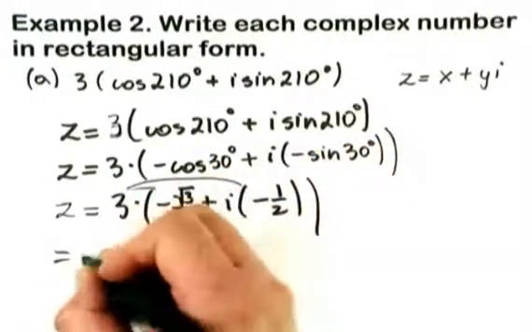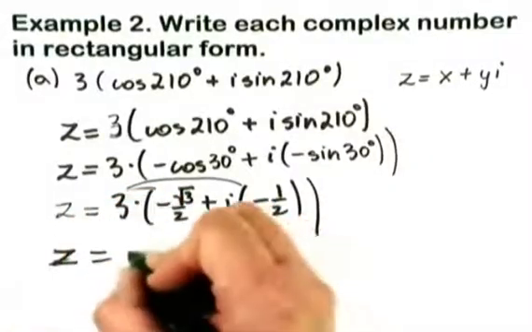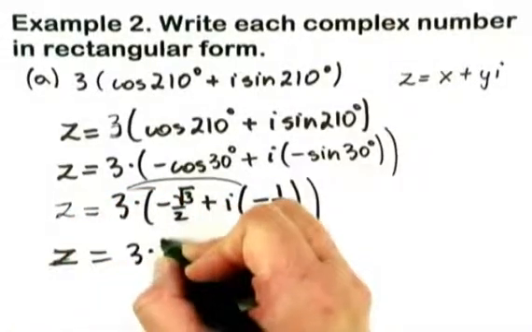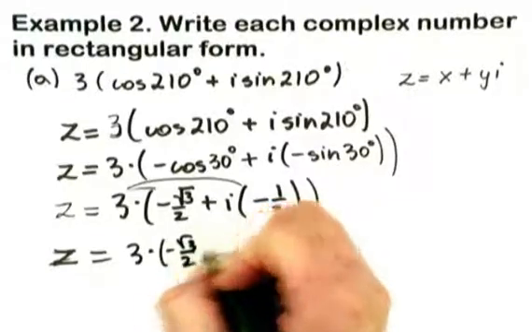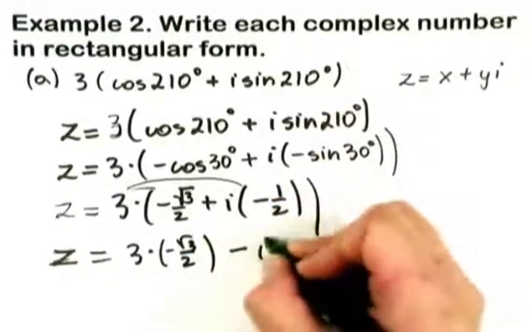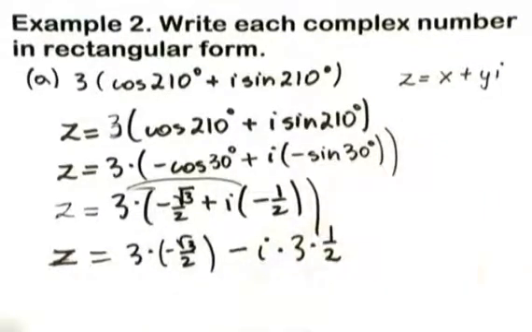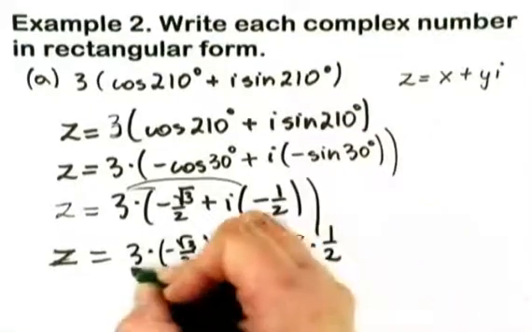So z is equal to 3 times minus root 3 over 2, and then minus i times 3 times 1/2. 3 is like 3 over 1.